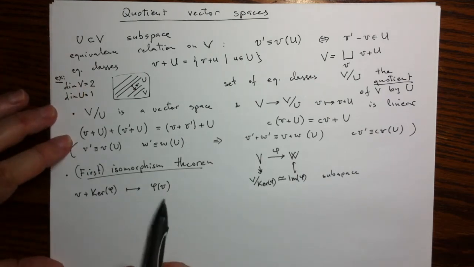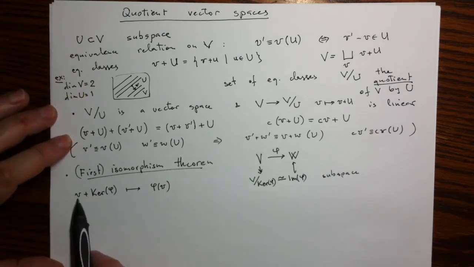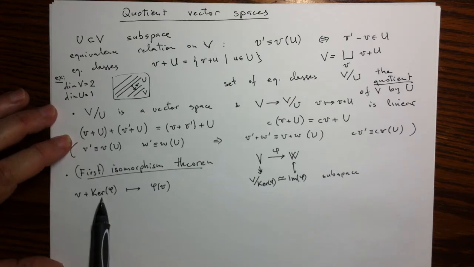So it should be correctly defined. It should not depend on whatever choice of representative you make. And indeed it doesn't, because any other element in this subset is a sum of that v and something which is annihilated by phi. So using linearity of phi, you can see that the answer is all the same.